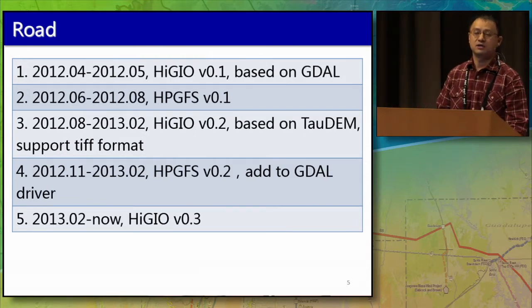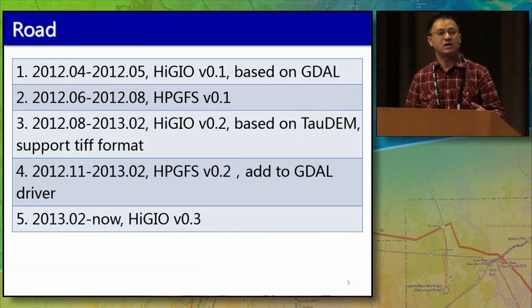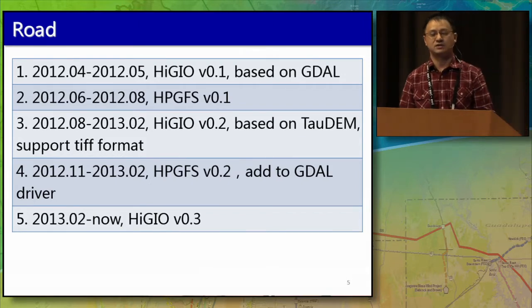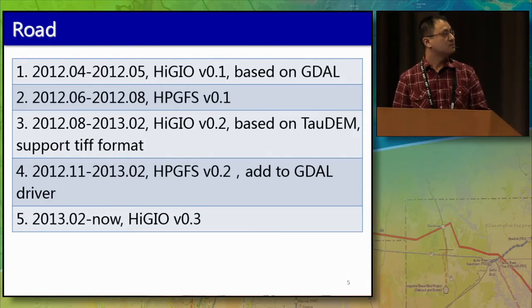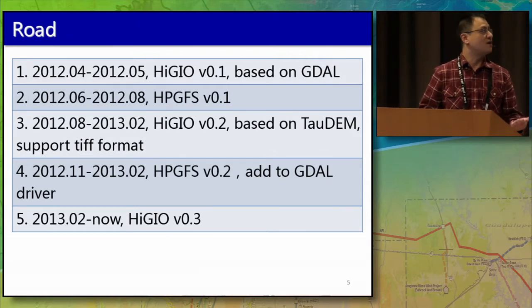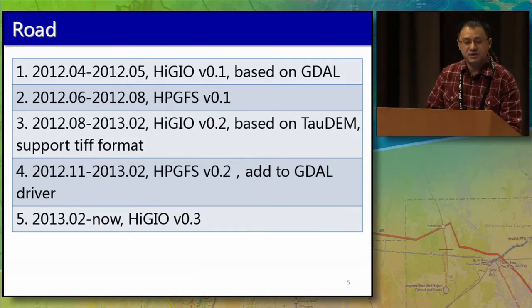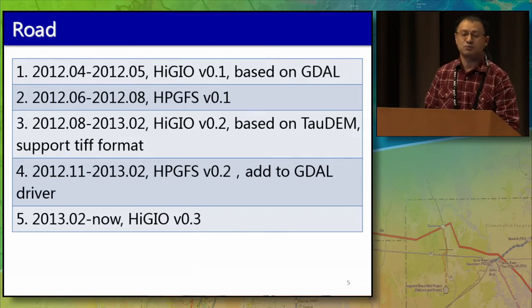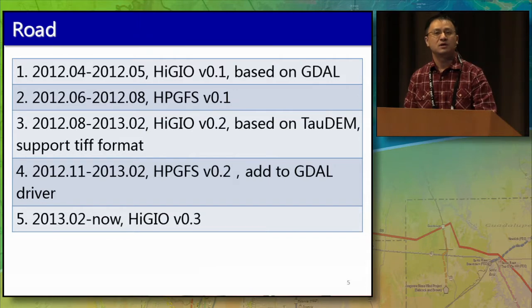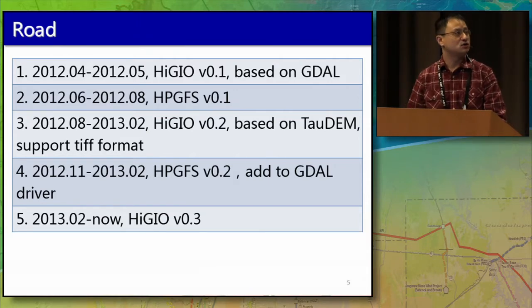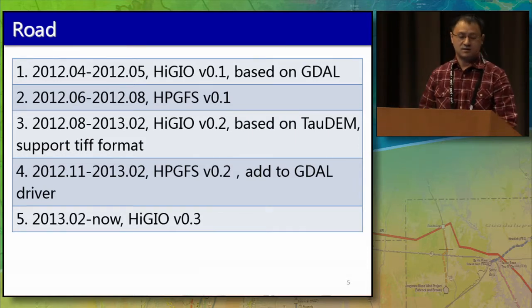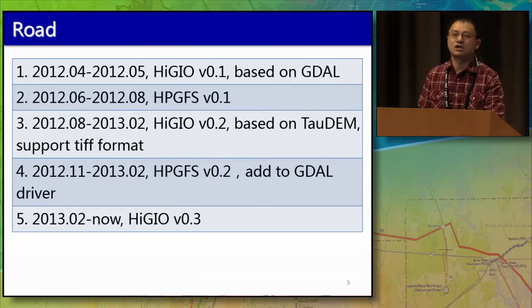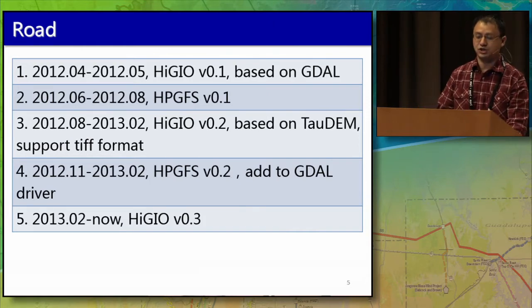HPGFS version. This provides a parallel file system, just like PNetCDF or HDF5. But we found in practice that more applications use the GeoTIFF file format. So we went back to HiGeo, and based on the TauDM implemented a parallel version of HiGeo.